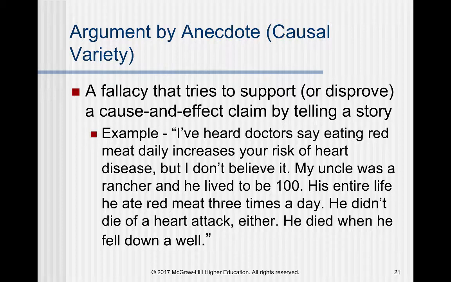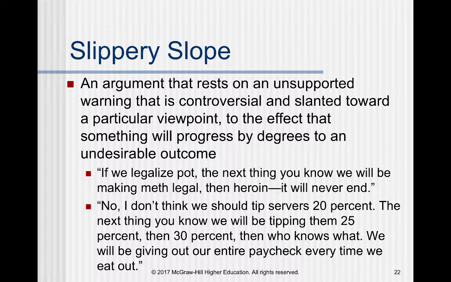Slippery slope fallacies occur when someone contends that some action or event will ultimately result in an undesirable or negative outcome. It's basically a warning that if one thing happens, it will cause a slippery slope of events that will inevitably lead to this dire conclusion.